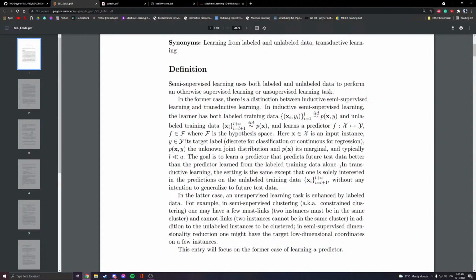Here, in transductive, one is solely interested in predictions on the unlabeled training data without any intention to generalize to future test data.